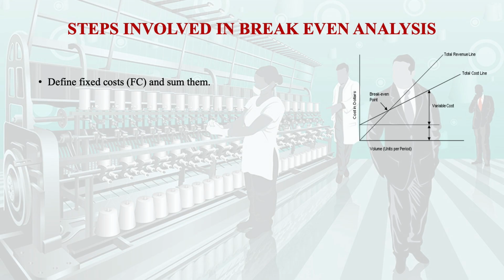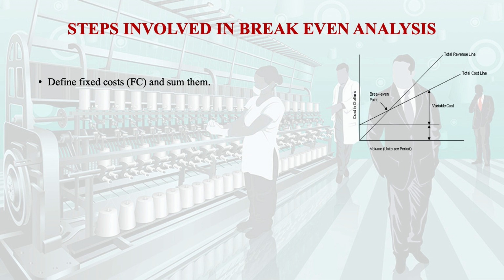If you see, the line which is originating from the origin is the revenue line, while the line originating after a certain portion on the y-axis is associated with the manufacturing part, that takes care of the fixed cost as well as the variable cost.